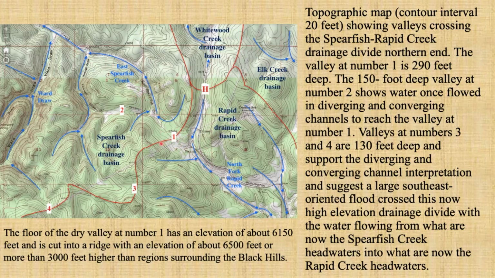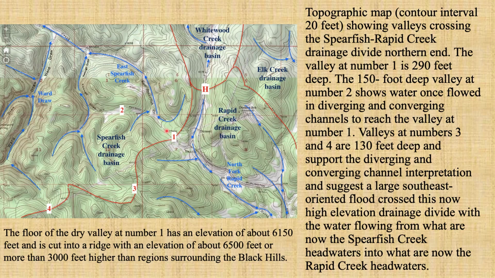It's an erosional valley, which indicates that it was formed at a time when water flowed across what is now the drainage divide. And remember, we're here in some of the highest areas in the Black Hills. So where did the water come from? And I'm going to be arguing in this discussion that the water probably came from the northwest, but there's no place today to the northwest where the water could have come from.